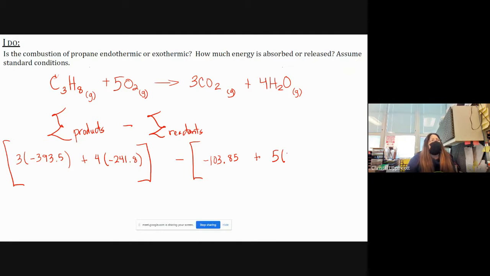It's at 298, 0. If that's the standard state, then that's always going to be 0 if it's a pure substance. You can look it up in the chart again if you need to. It'll say 0. Did you find O2 on there?